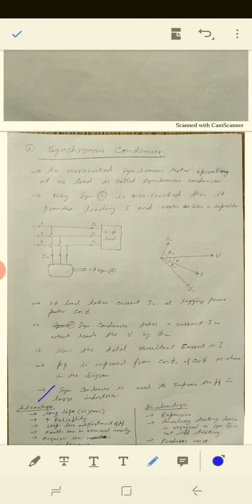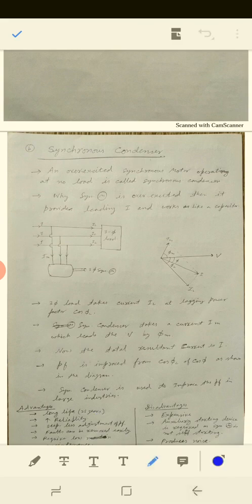A synchronous condenser is used to improve the power factor in large industries. In a small industry, that is at a small scale, we use a static capacitor, and at larger scale we use a synchronous condenser. The advantage of a synchronous condenser is that it has a long life, at least 25 years approximately.